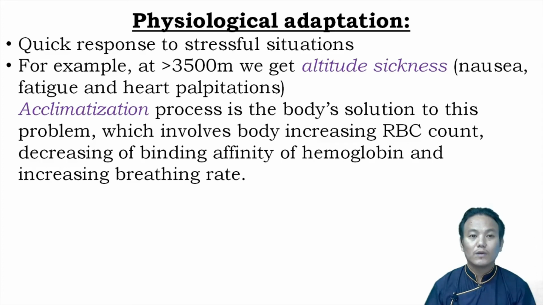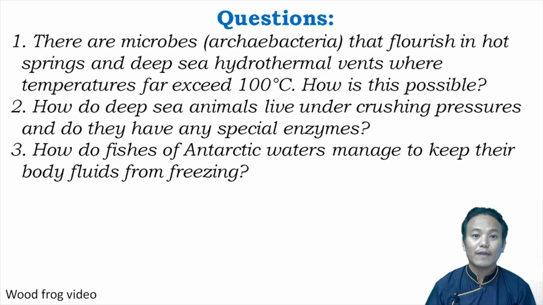Okay, now regarding physiological adaptation, we have got 3 questions given in your textbook, right? These questions are, first one, there are microbes like archaebacteria that flourish in hot springs and deep sea hydrothermal vents where temperatures far exceed 100 degrees Celsius. How is this possible? So this is the first question. The second question is, how do deep sea animals live under crushing pressures?